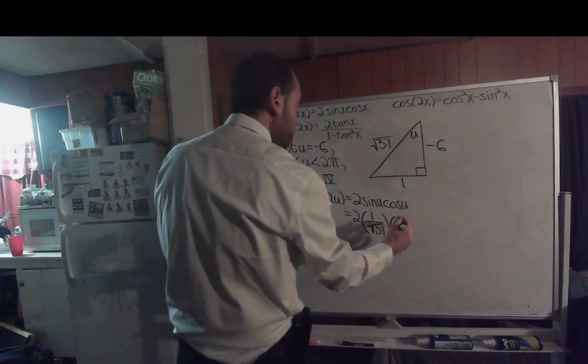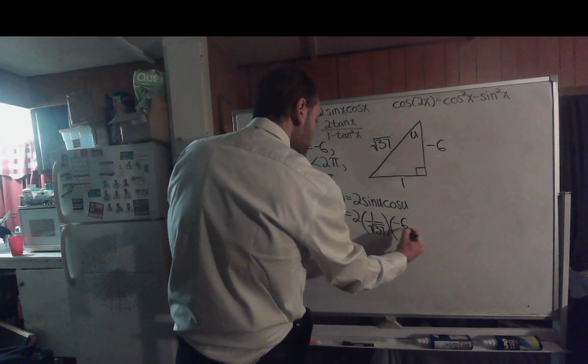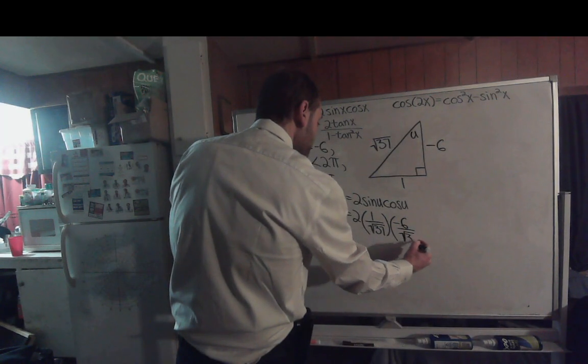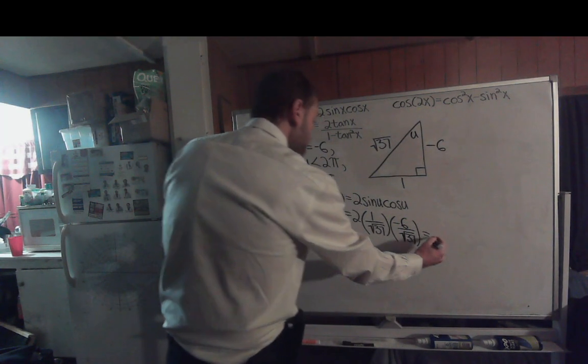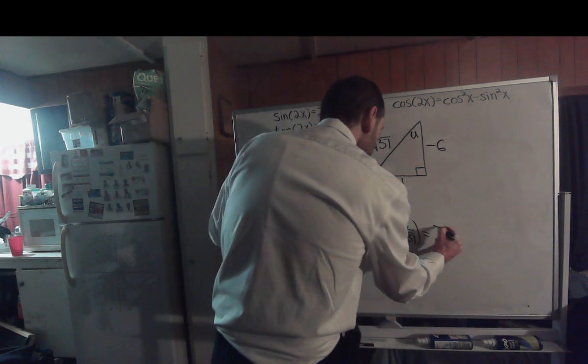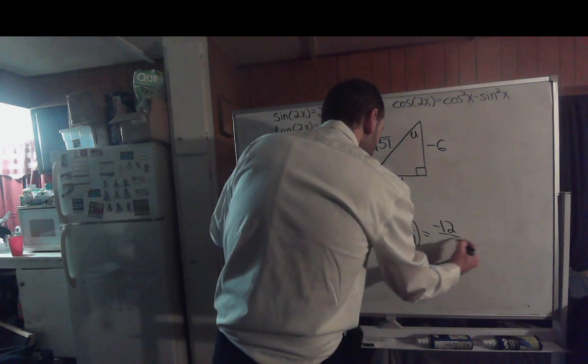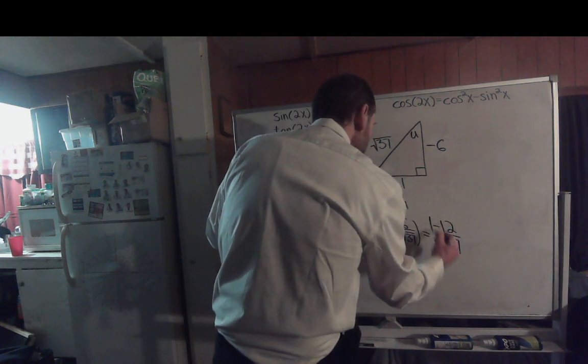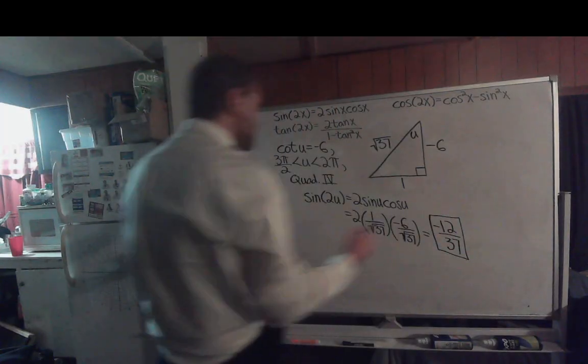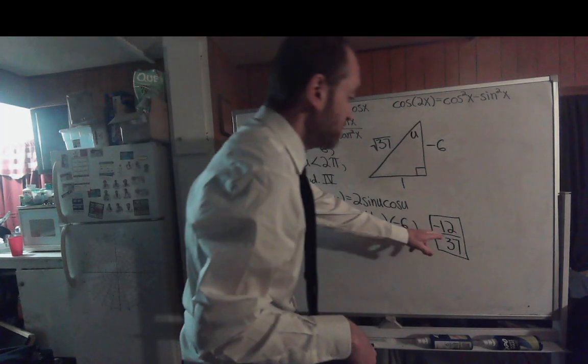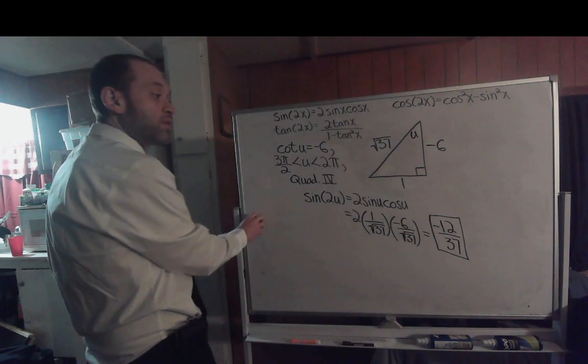That's -6 over the square root of 37. So when you simplify this, you should end up getting -12 over 37. So that means that the sine of 2u would end up being -12 over 37.